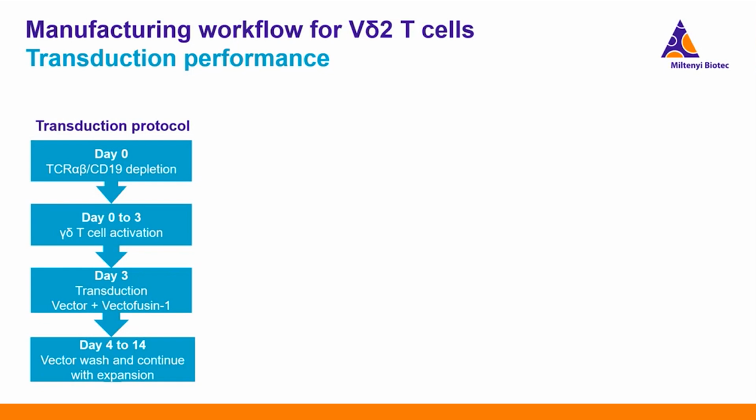We activate the cells for 3 days, and on day 3 we include our vector together with vectofusin 1, which increases the transduction efficiency in the process. And we keep the vector together with vectofusin for 24 hours, and on the next day, on day 4, we wash them out, and then we continue with the expansion phase up to day 14.